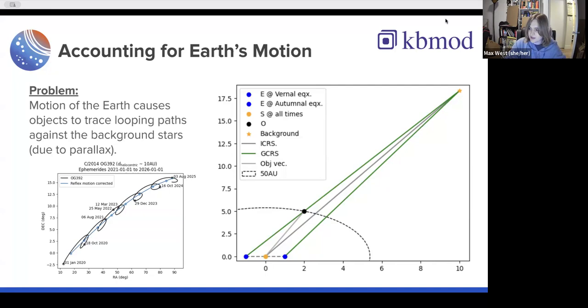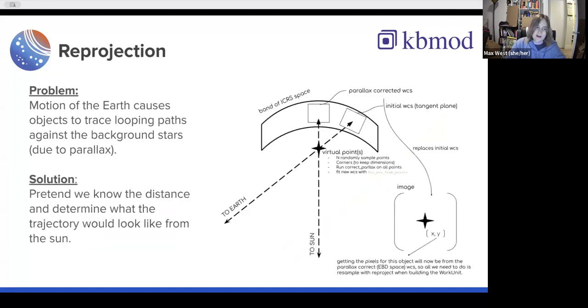And to do this, we can go to the next slide. We do what we call heliocentric or barycentric reprojection.